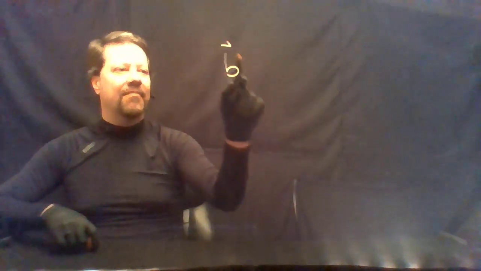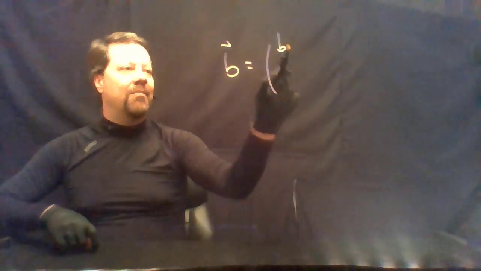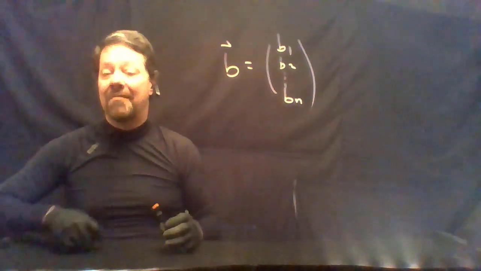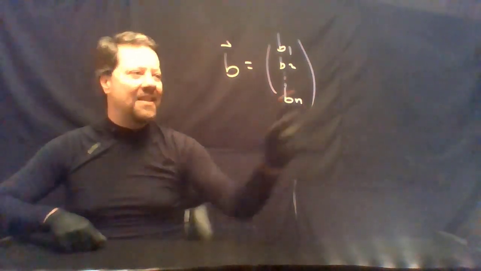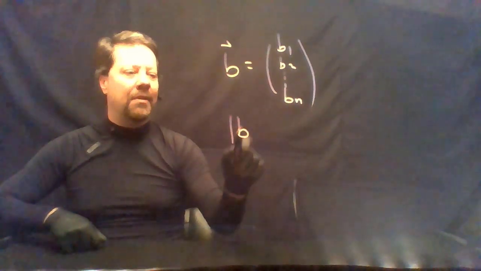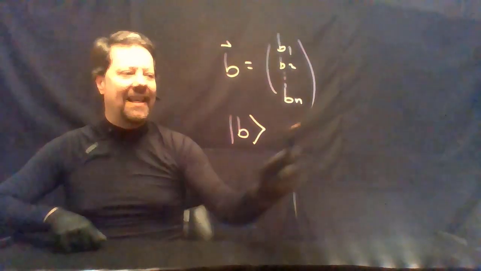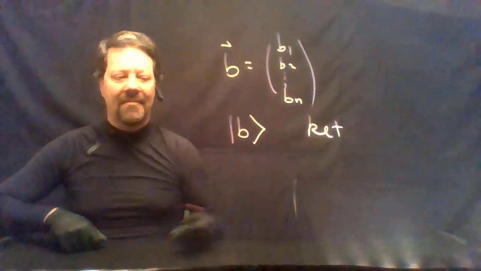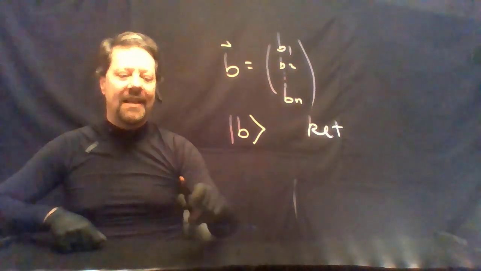Speaking of quantum theory, I should give you a little bit of notation. In quantum theory, if you have a vector B, B1, B2 through Bn, at least in finite dimensional cases, instead of writing this as B with a little half arrow over the top, you'll often write this as a ket. This is called a ket. So column vectors are kets.